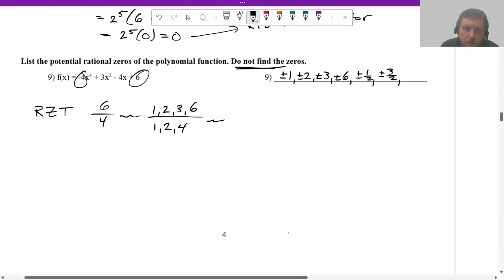Okay, 4 now. So we're dividing by 4, so plus or minus 1/4. Okay, 2 divided by 4, that's a half again. We already wrote that. 3 divided by 4, so plus or minus 3/4. Okay, and then 6 divided by 4. Well, that reduces to 3/2, and we already wrote that. So that means we're done. So those are it.